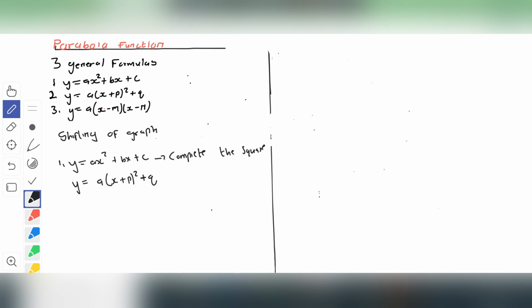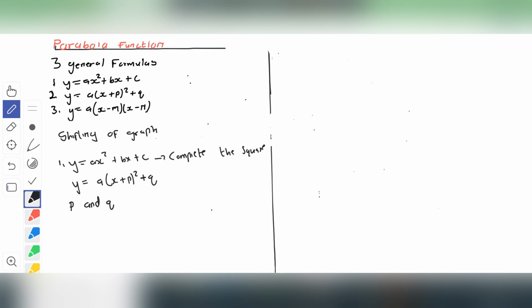Now, for the shifting of the graph, the only things that we're going to focus on are P and Q. Remember, P and Q are the coordinates of the turning point, so don't forget it.